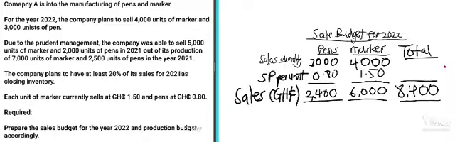Remember in the very first video, I spoke of the fact that the sales budget is usually in units. However, the material usage and the material purchase is usually in kilograms or liters, or a very basic metric which is more specific. Okay, so we are done with our sales budget for 2022.